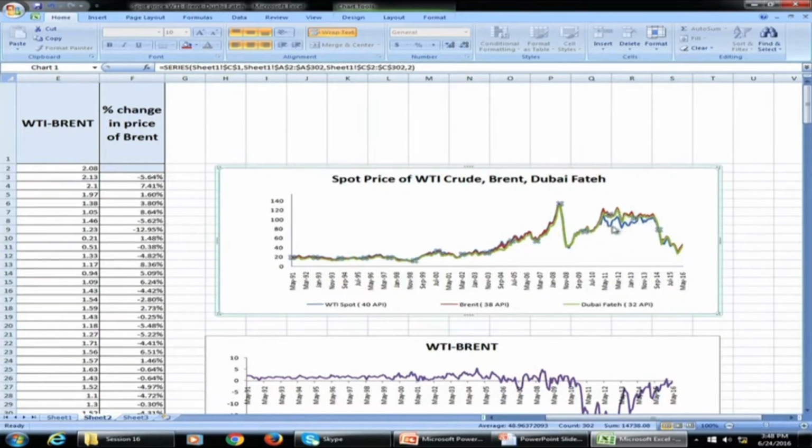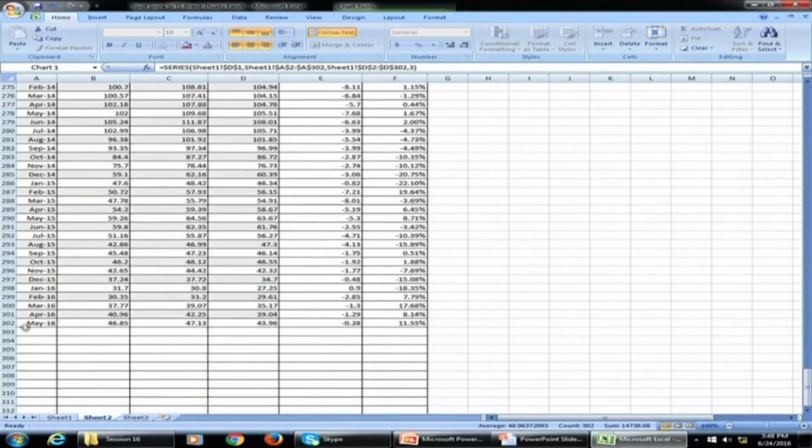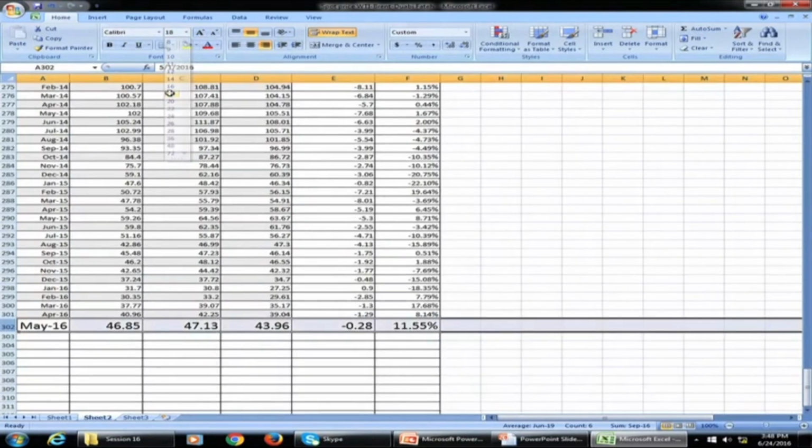Let me take the whole data to the last. Around May 16, the spot price of WTI crude is quoting around $46.85 per barrel, Brent is quoting at 47.13 and Dubai Fateh is quoting at 43.96.